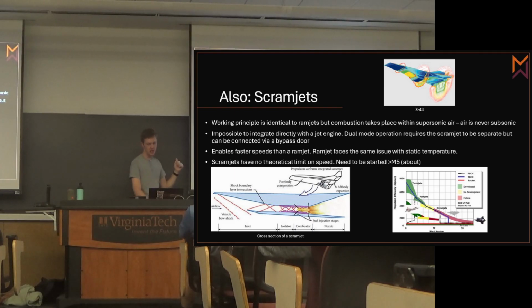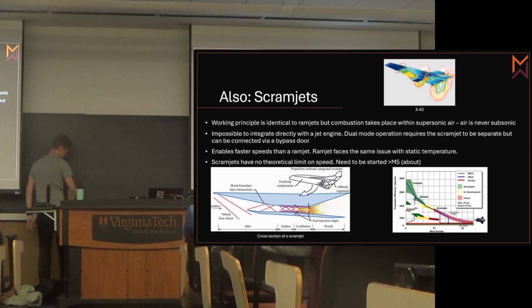We get to go faster speeds, but we still have some issues with temperature. And if you wanted to do dual operation, which man, if someone let me build this, I would be the happiest man in the world, would be to make a dual mode scramjet instead. And you can make a tri-mode too, Ram Scram turbojet. So instead you have your main intake, and then you have some sort of bypass door that feeds it down into your jet engine down here.